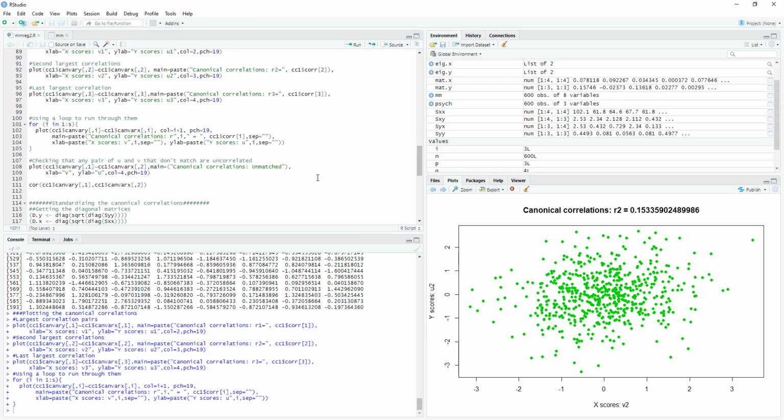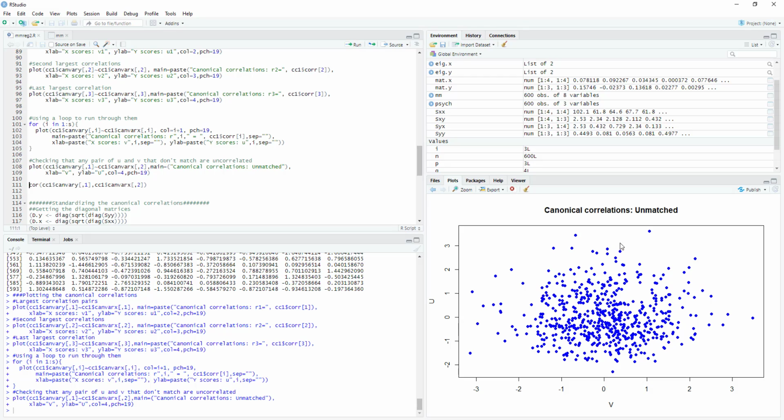We mentioned that one of the nice properties of canonical correlations is that their variates outside of their matching pairs are all uncorrelated. So if you take any y with itself, or any y with its different covariate, so u1 with u2 or u1 with u3, or in our case, u1 with v2, those should all be uncorrelated with one another.